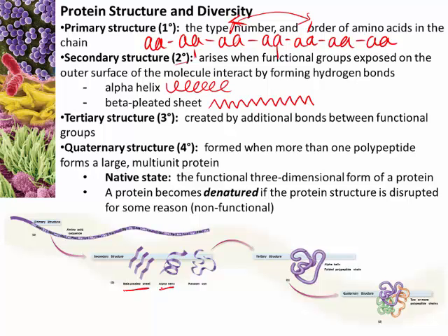Here's your beta pleated sheet and your alpha helices. Helices is plural, so this would be an alpha helix. This is what we would consider a random coil. Not everything works with alpha helix or beta pleated sheet, but we do see sort of randomized arrangements. It depends on the order of the amino acids, so it depends on the protein you're making.